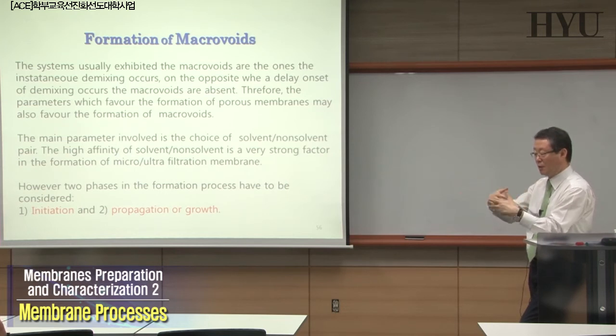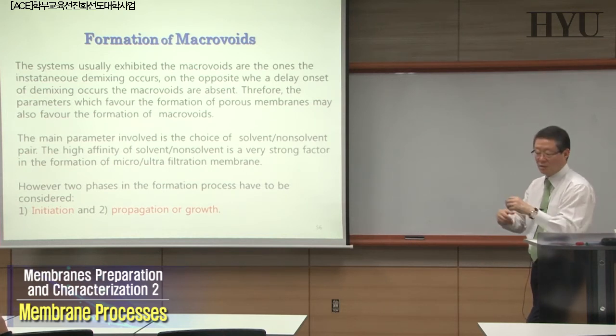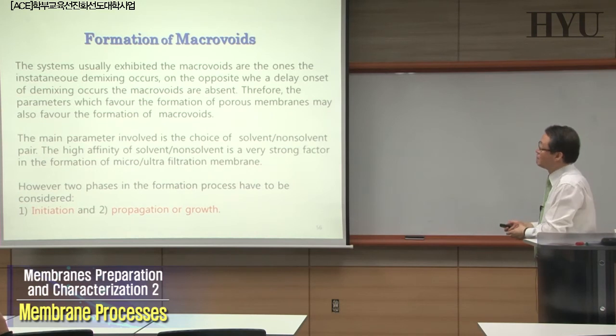Mixing between the polymer and solvents. If the enthalpy is large, then you have a demixing process. So we can take a look at the demixing process with the macrovoids. And this parameter, the demixing process, is dependent upon the interaction between the solvent and non-solvent.